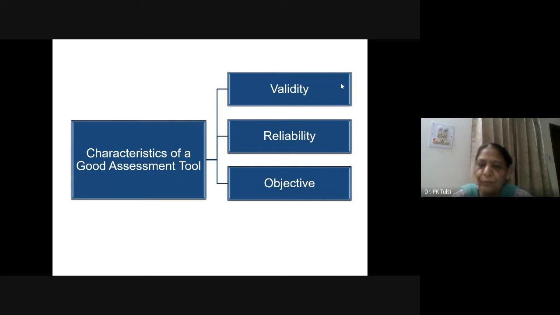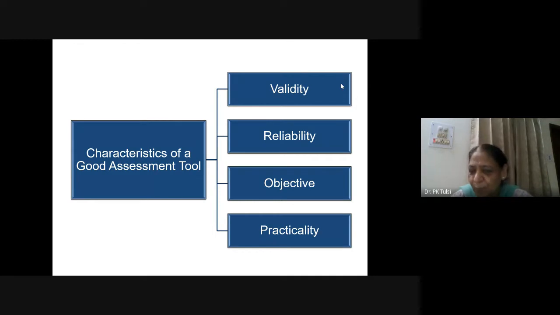We need to include short answer, restricted essay, and long extended essay type questions. And for that matter, the division of marks within the elements needs to be specified to bring in more objectivity. That's why you will be using rubrics in your scoring. The higher the objectivity, the greater is the reliability.